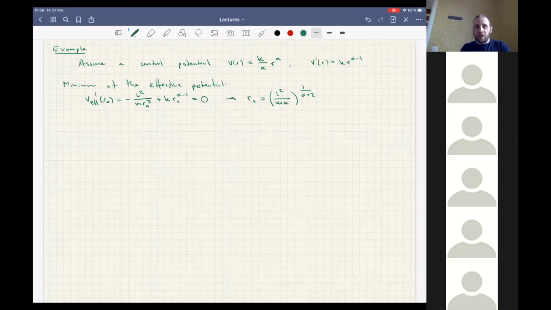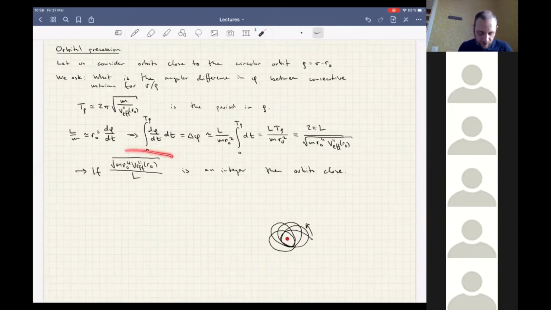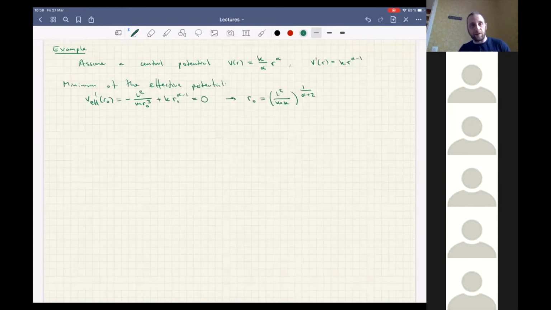And what I need to compute this factor is the second derivative of the effective potential at this R0. So I can differentiate again and evaluate at this R0. If you do the math, what comes out is alpha plus 2 times L squared divided by m R0 to the 4.